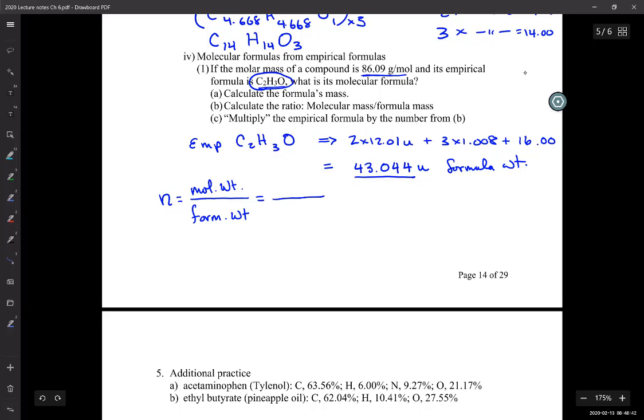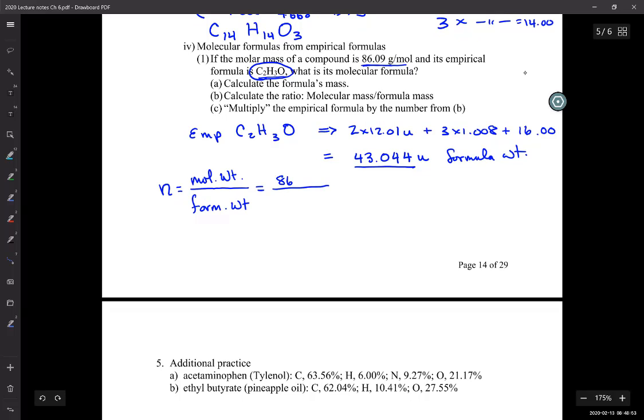And that tells me how many times that empirical formula needs to be multiplied to get to the molecular formula. So I have 86.09 divided by 43.044, which I am going to assume is like 2.00. Yes, 2.00.